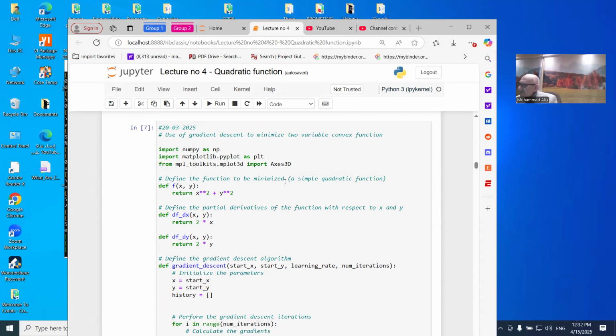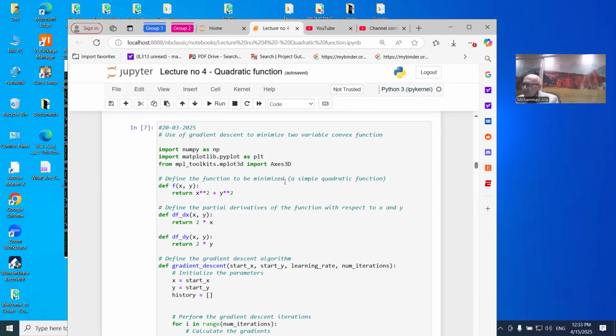Knowing the derivative at that point and knowing the step value or the learning rate value, we multiply the learning rate value by the derivative. The product is called a step, and this step will be subtracted from the initial value of the point.